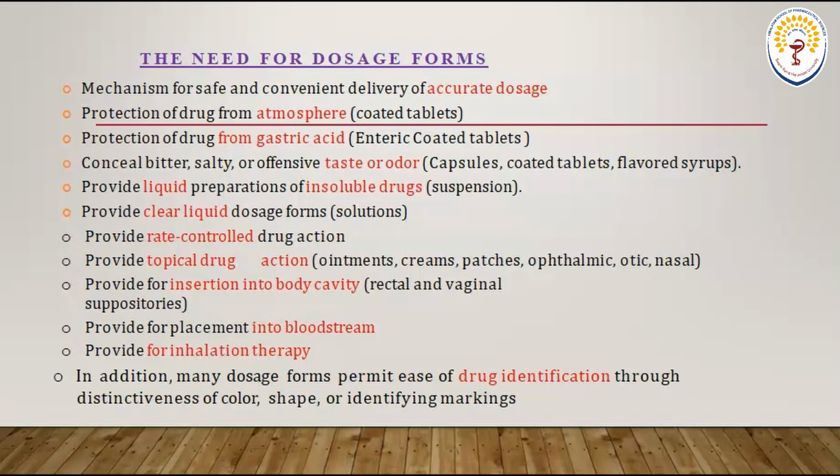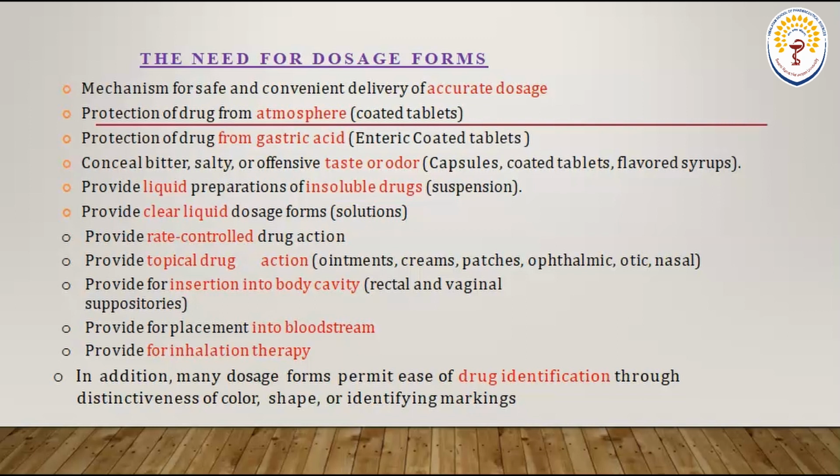Some medicaments are hygroscopic in nature, which absorb water from the atmosphere and convert into a damp mass or into a liquid. To avoid these incidents, we convert hygroscopic drug into granules or encapsulate it into a capsule, or by giving them film coating, we can protect the drug from the environment and inhibit its decomposition.